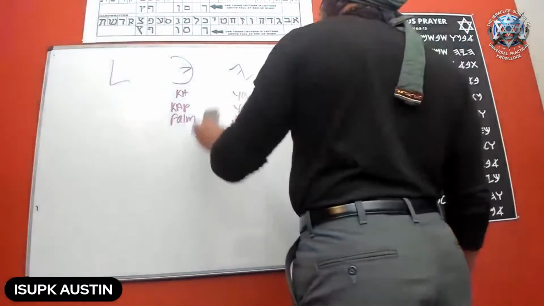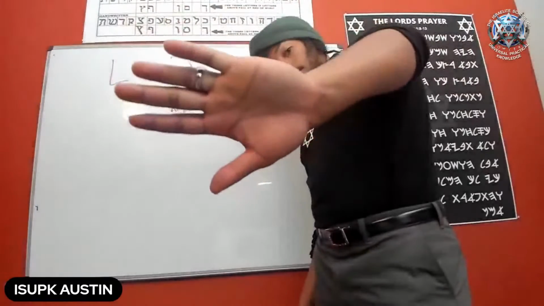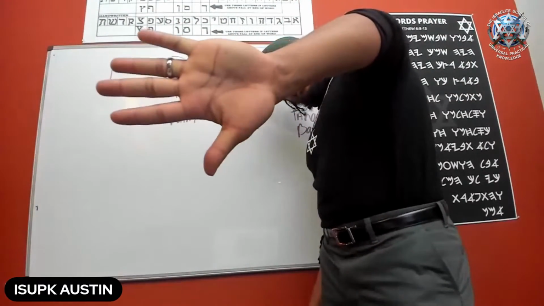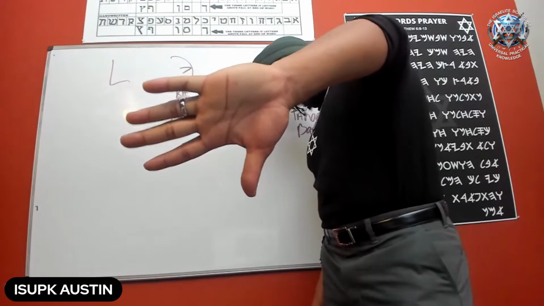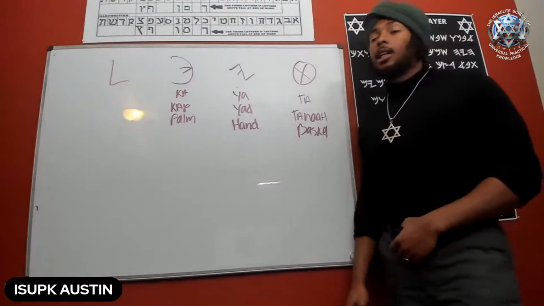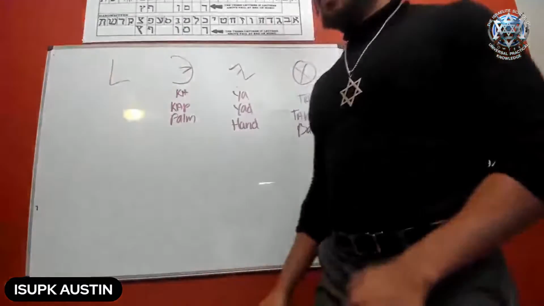And ka comes from the palm, that thing right in the middle of your hand. That's what he was looking at, and that's where he came up with it. Realize he's looking at things and making the characters based on the things he's looking at. That's how he's coming up with the images of these characters.